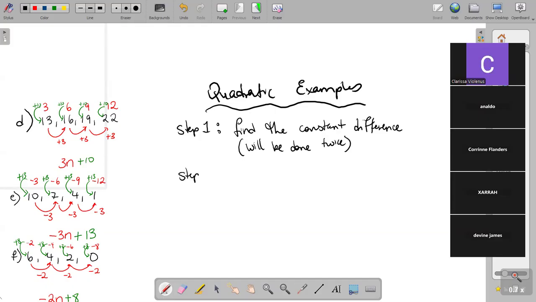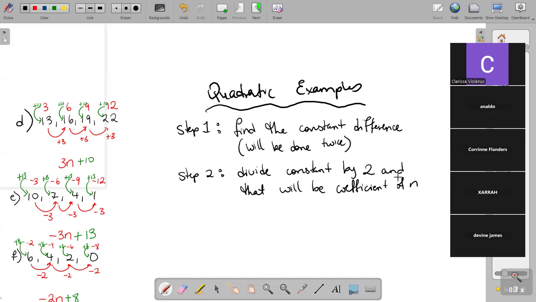Step 2, divide the constant by 2, and that will be the coefficient. I'm using some words, and I don't know if everybody knows what they mean. Do you know what the word coefficient means? Yes or no? If I tell you 3n, the 3 is what we call the coefficient. That's the number in front of the letter or the variable.